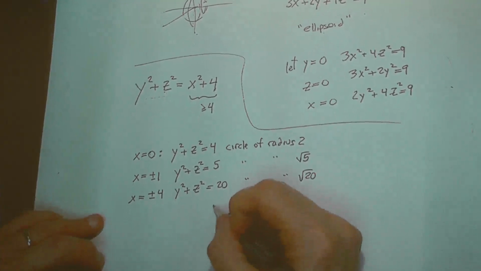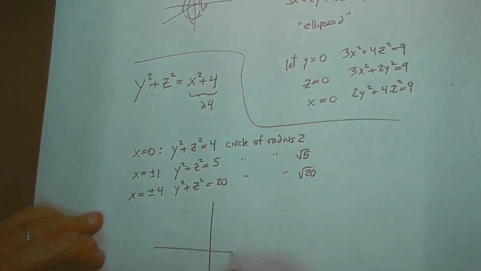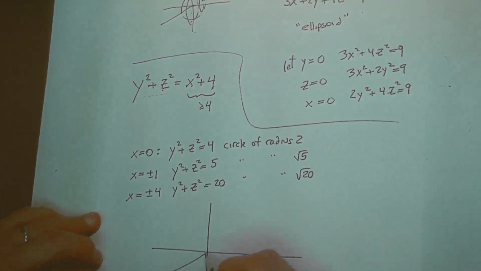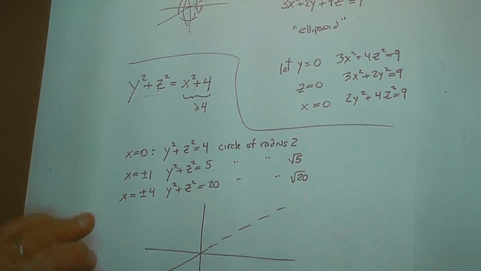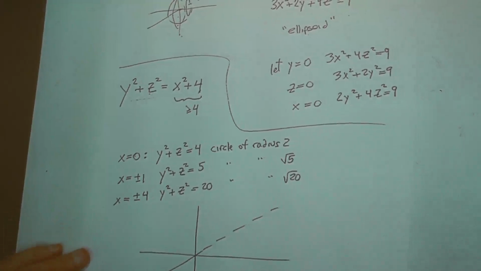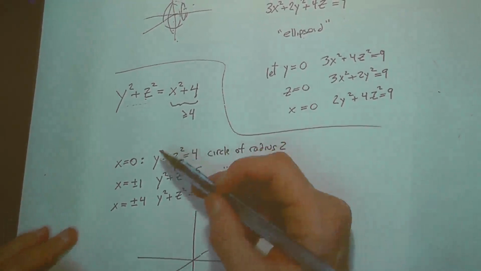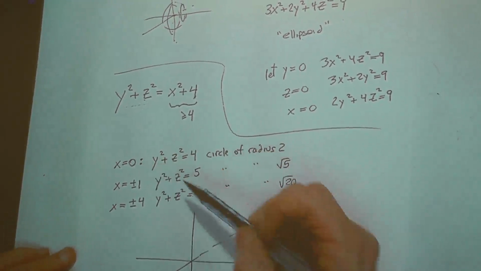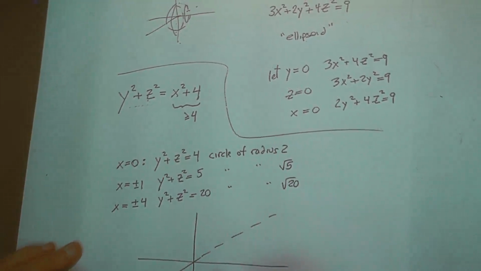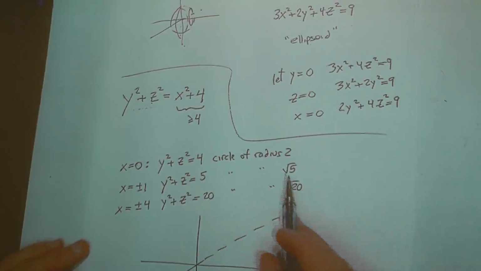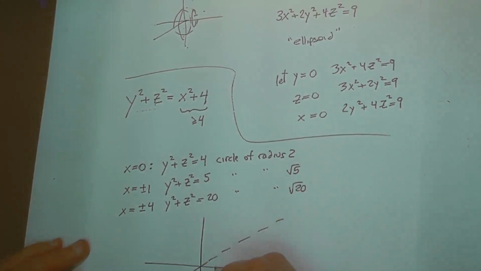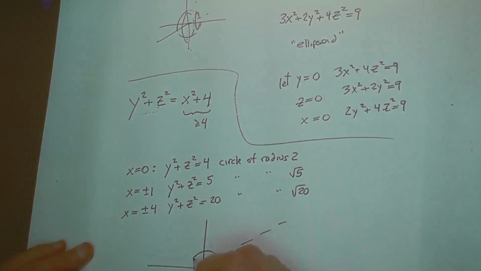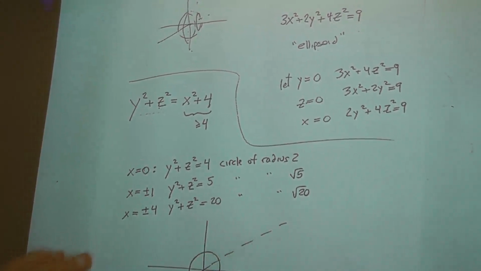Okay, so when x equals 0, I'm sitting in the yz plane. I have a circle of radius 2. That looks like this.